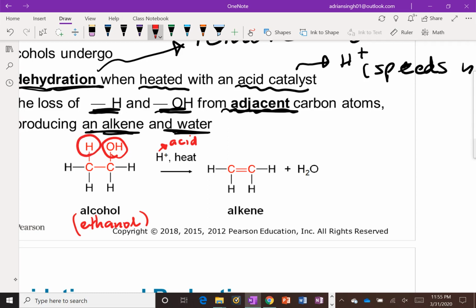So we take these two things away, we remove it as our H2O, and now we end up with each of these carbons here having just 3 bonds. In order to make those carbons happy, we're going to make now a double bond between those two, which is the corresponding alkene. In this case, it is ethene that we end up making.